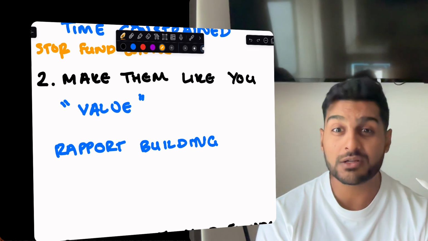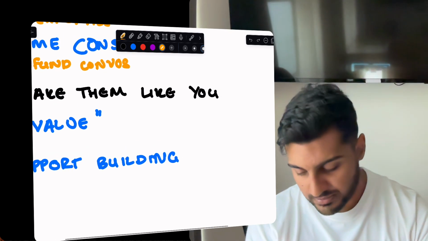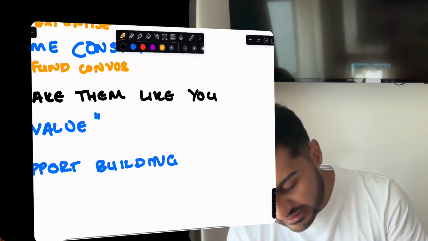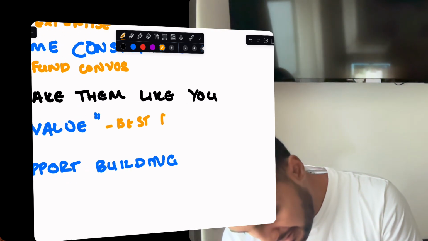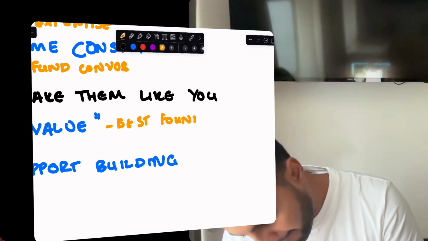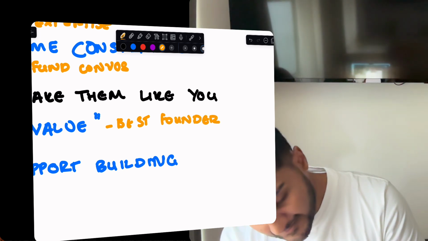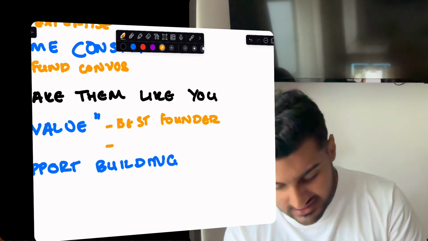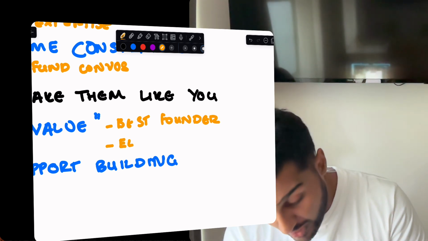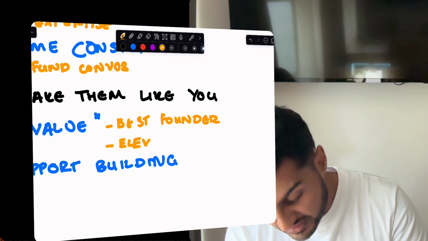The first one is value. What does that mean? It's exactly back to that: it's the best founder, the elevator test. I would like to spend more time with this person.